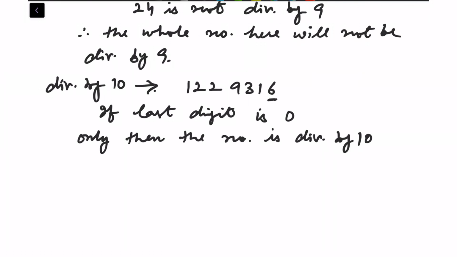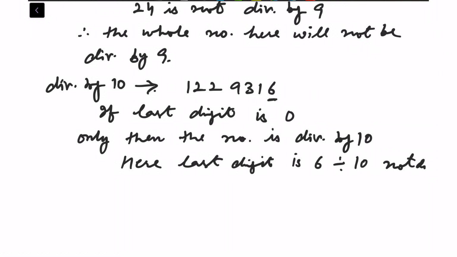The last digit is 6, so we can say that this whole number is not divisible by 10. So the number is not divisible.